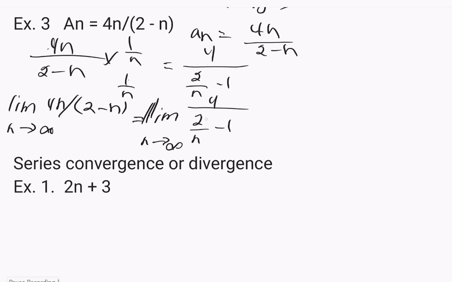We know the limit of a constant over a large number equals 0, so we end up having minus 4. So the limit of the sequence equals a specific value, and the sequence converges.